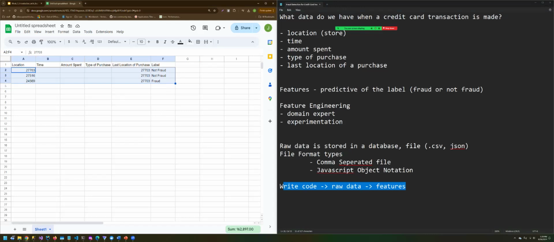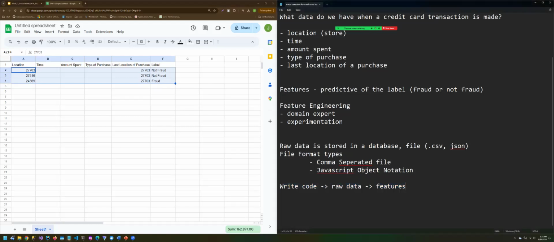You don't necessarily have to, but you can. Usually the rule is the more data the better, right? But in this case we're only going to have three rows just for this example.